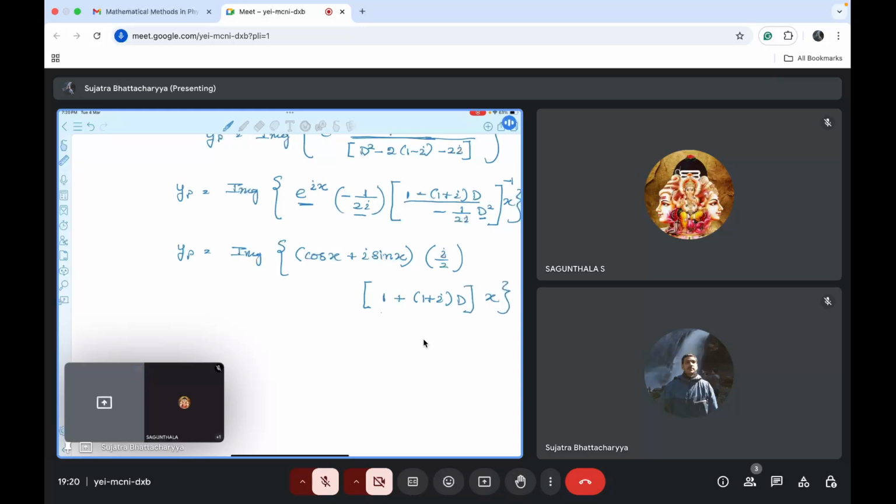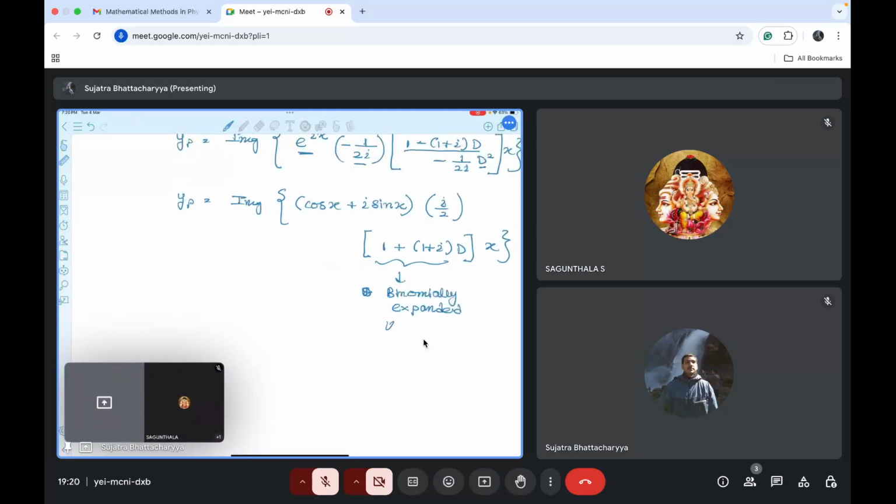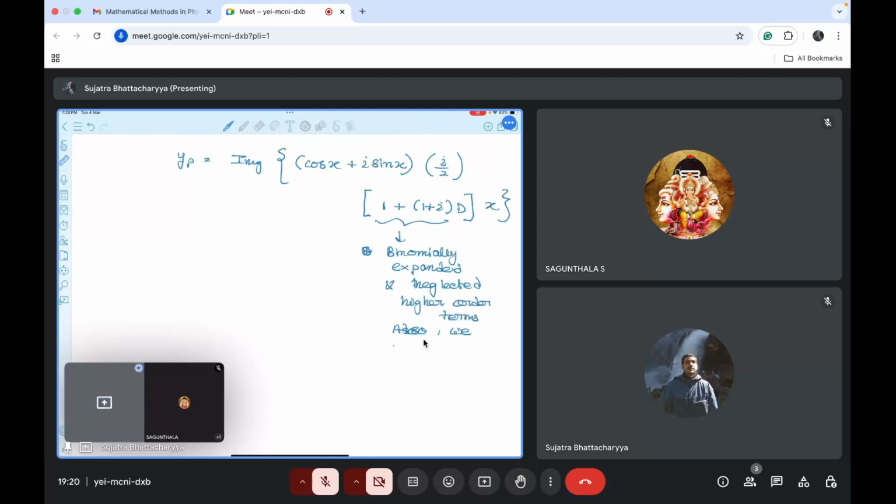So what we have done here is that binomially expanded and neglected higher order terms. Also, we assume D square is tending to 0.